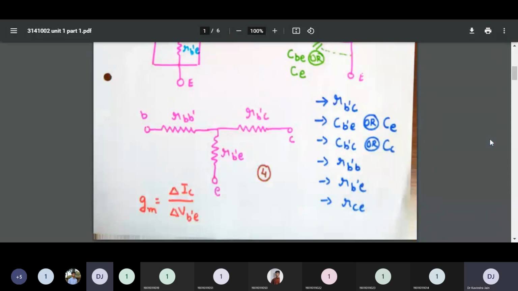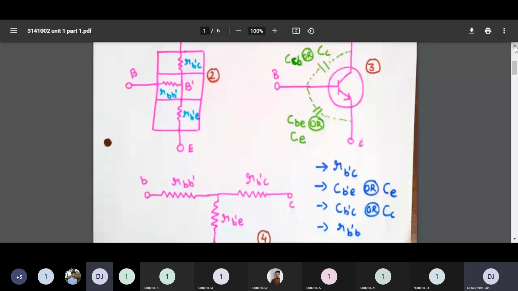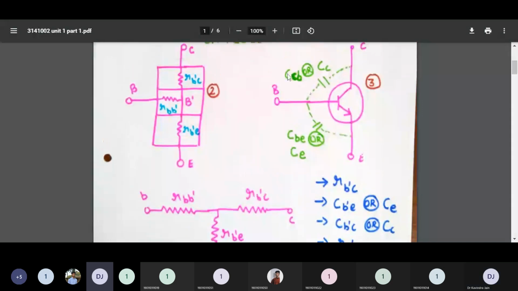Then we proceeded to the capacitive effect due to the PN junction in reverse bias, which is known as transition capacitance. This was referred to as C B dash C, or commonly known as CC. Then we moved on to the spreading resistance, which was known as R B B dash.